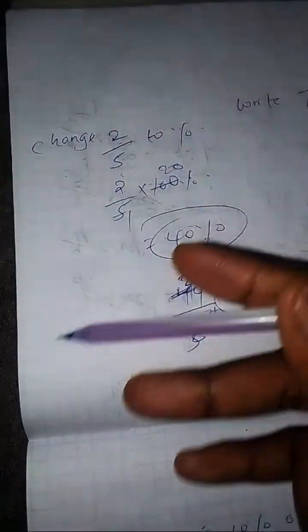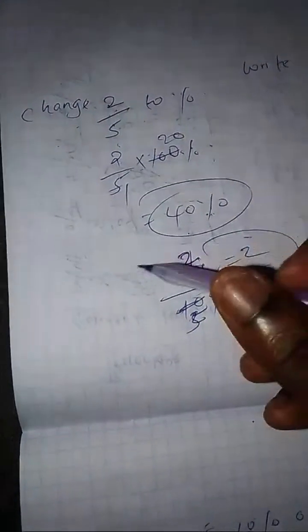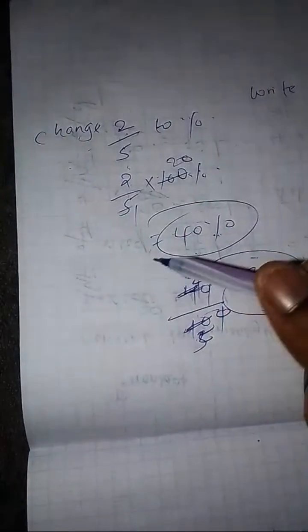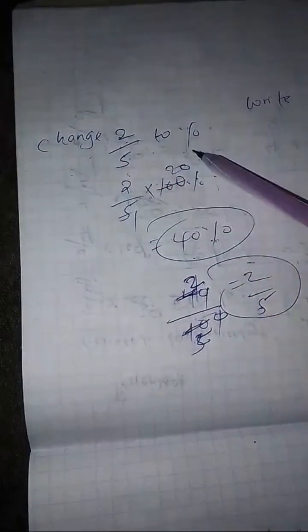So changing from fraction to percentage, you multiply by 100. Changing from percentage to fraction, you simply divide by 100. That is how you work the entire thing. Fractions and changing from fractions to percentages, percentages to fractions, are not that difficult.